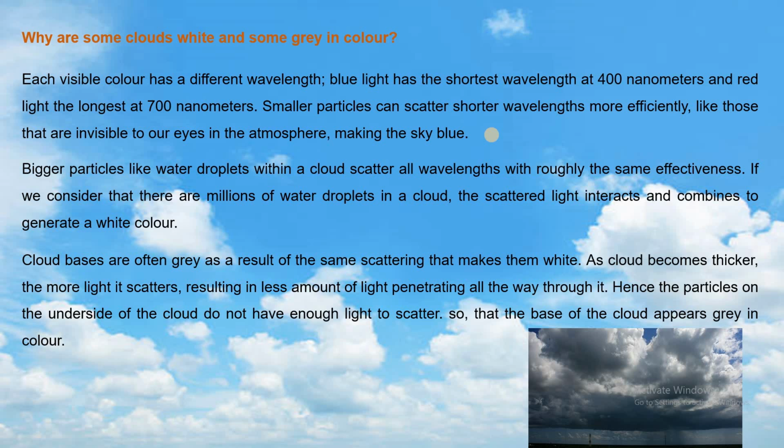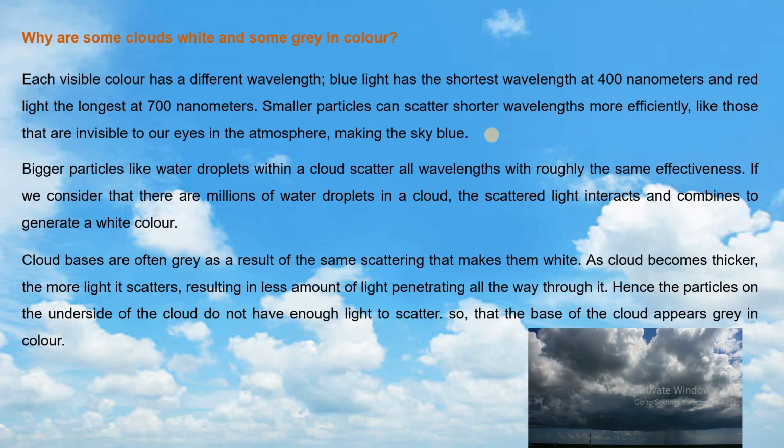When the thickness of the cloud increases, there is more water vapor, more water drops, that is, more cloud particles, so the number of cloud particles also increases. That means scattering also increases. So when the thickness of the cloud increases, the scattering and the number of particles which scatter the light penetrating the cloud also increase.